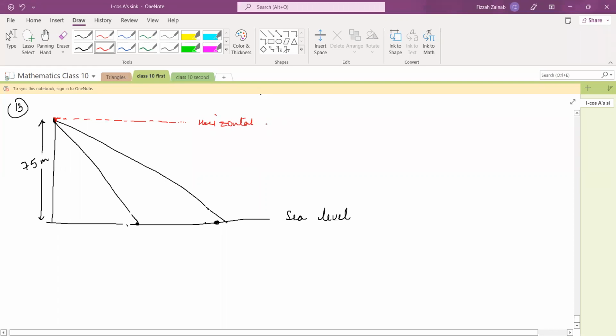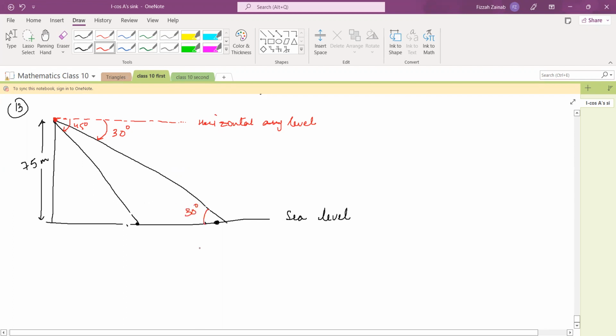So the angles are always measured from the horizontal level, correct? So from here, one angle of depression is 45 degree and another angle of depression is 30 degree. So like this, the figure will be drawn. Now, because these two lines are parallel, if this angle is 30 degree, this is also 30 degree by alternate interior angles.